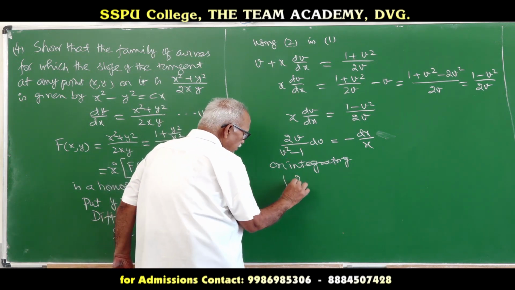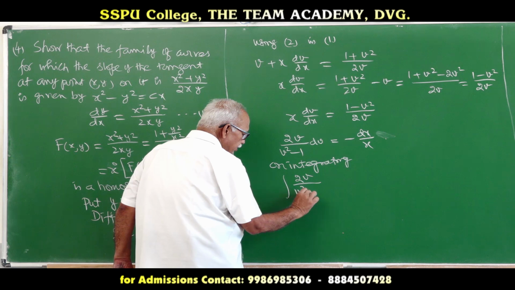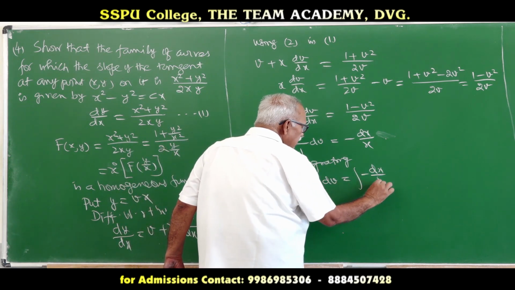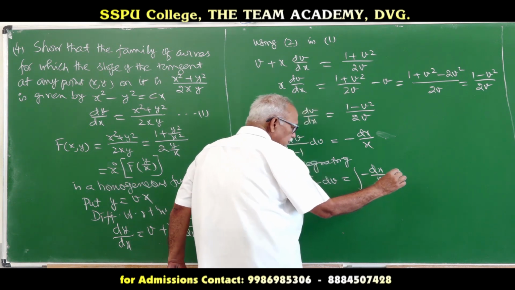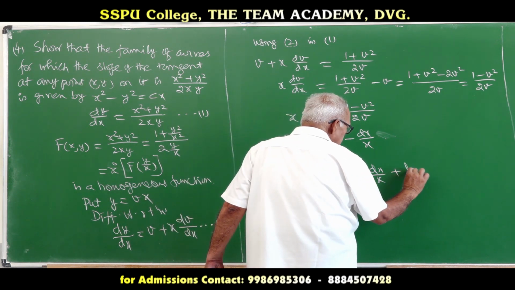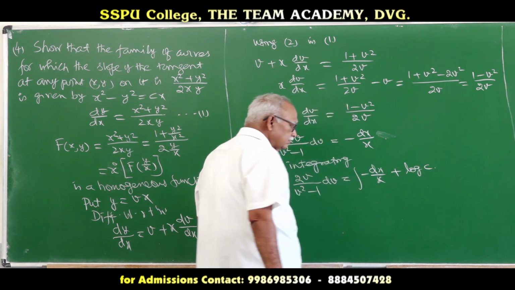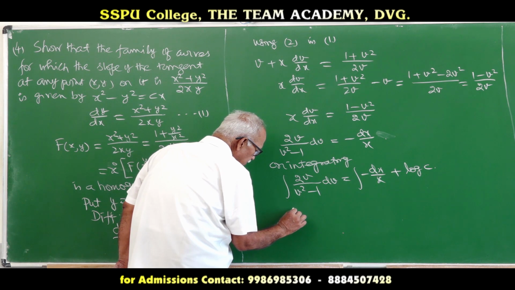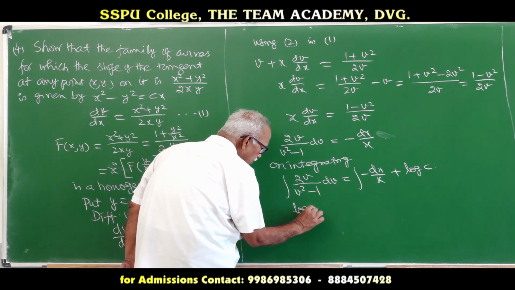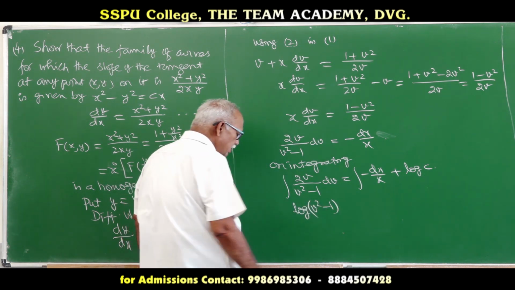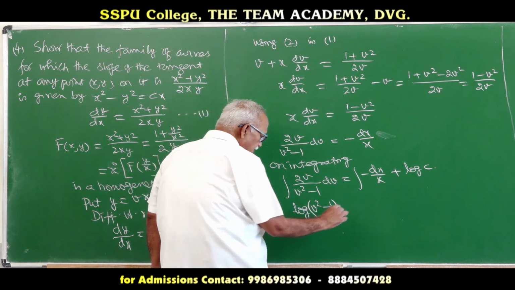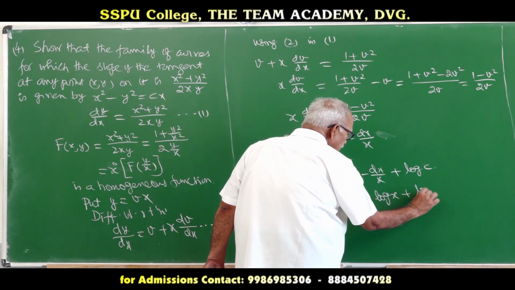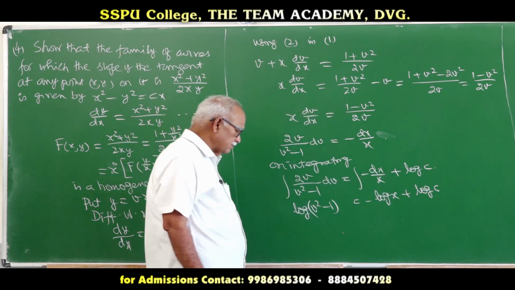You see, v square minus 1 is equal to t, you have to take, and here it is minus dx by x plus, you can write the constant as log c. Now, this is log of (v square minus 1) is equal to minus log x plus log c.